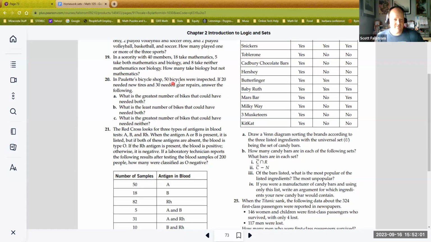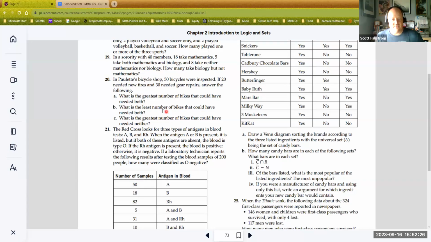In a bicycle shop, 50 bikes were inspected, 20 needed new tires, 30 needed gear repairs. What's the greatest number that could have needed both? So again, this is basically a word version of what we just talked about. Well, the most that need both have to have both tires and gears. So the most would be 20 because there were only 20 that needed new tires. Okay.